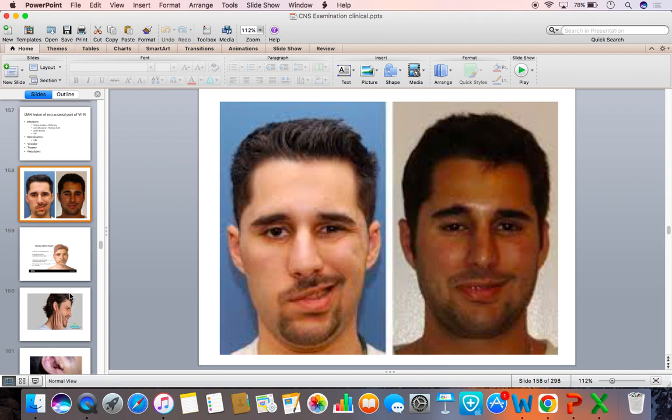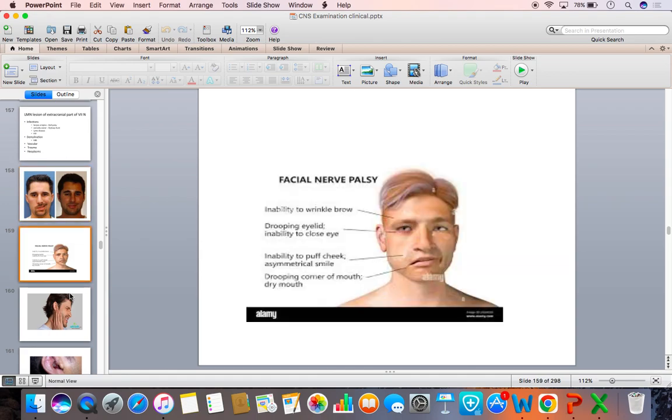There is drooling of the saliva from the angle of the mouth, drooping of the angle of the mouth on the paralyzed side, and lack of wrinkling in the forehead on the side of the lesion. It is very easy to diagnose Bell's palsy by looking at the face of the individual. This is also a photograph of a patient with Bell's palsy on the right side.